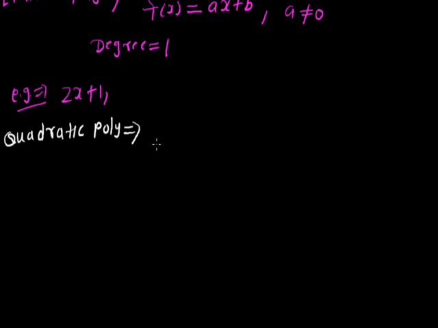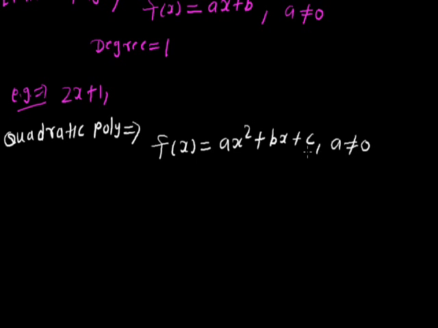If my polynomial is defined in variable x, then how can I write? f of x is equal to ax square plus bx plus c. This is the general expression for the quadratic polynomial, and this expression will be a quadratic polynomial only when a is not equal to 0. So this is the basic and foremost condition for this expression to be a quadratic polynomial. a must not be equal to 0.